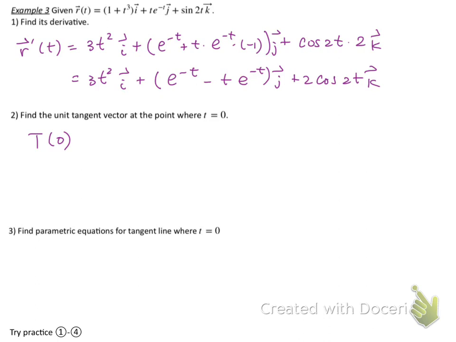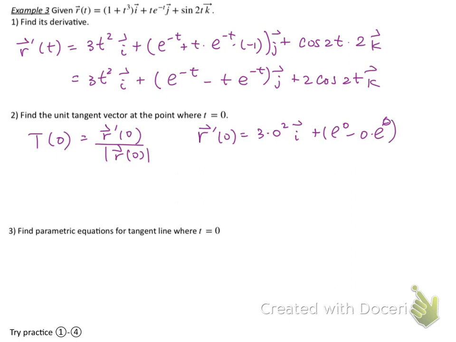T of 0 is the derivative over its magnitude at this point. R prime evaluated at 0 is 3 times 0 squared, which is 0, i, plus e to the 0 minus 0 times whatever, that's still 1, j, plus 2 cosine 0, k.